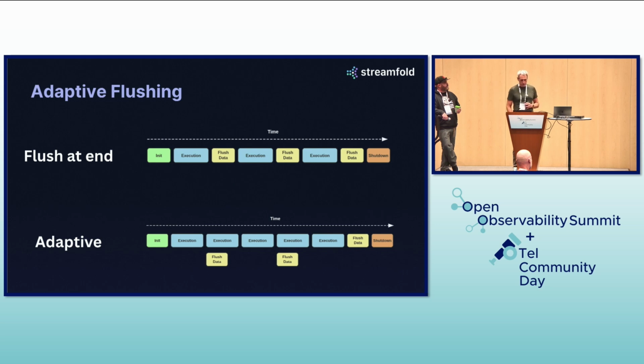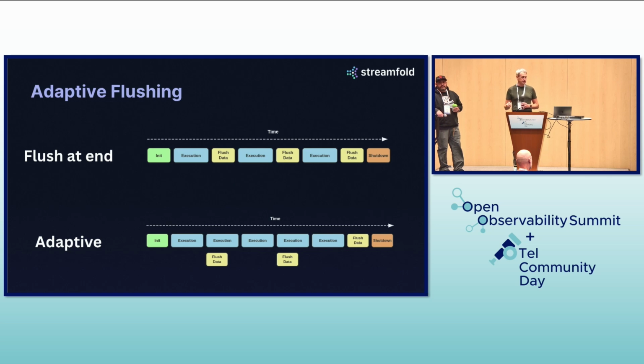Part of what we did focus on for the AWS Lambda layer was this idea of adaptive flushing. This is by no means unique. Datadog has done a lot of work here in their Rust AWS Lambda layer, so a lot of this follows some of the patterns that they've been following. But generally the idea is that you have to flush data at the end of an execution so that when the AWS Lambda is frozen, you don't have telemetry locked in it.